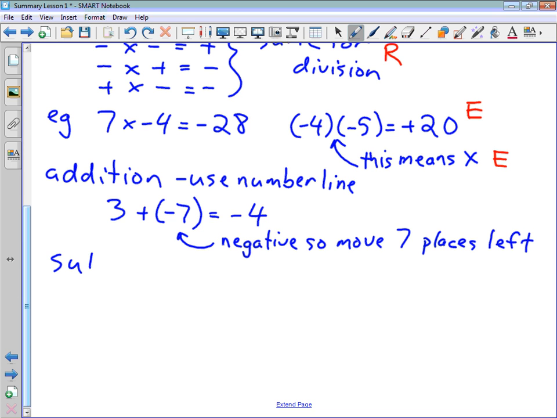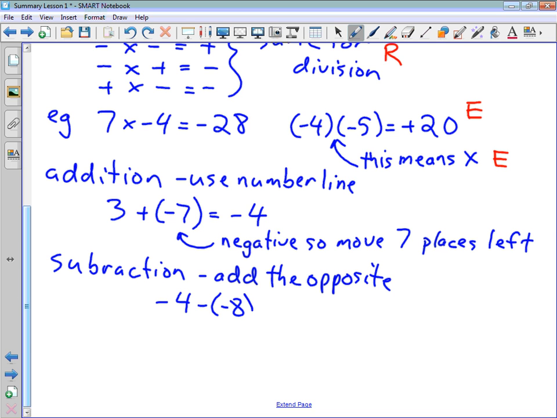When we talked about subtraction, we said add the opposite. So I did something like 4 minus negative 8. I turned that into negative 4 plus positive 8.